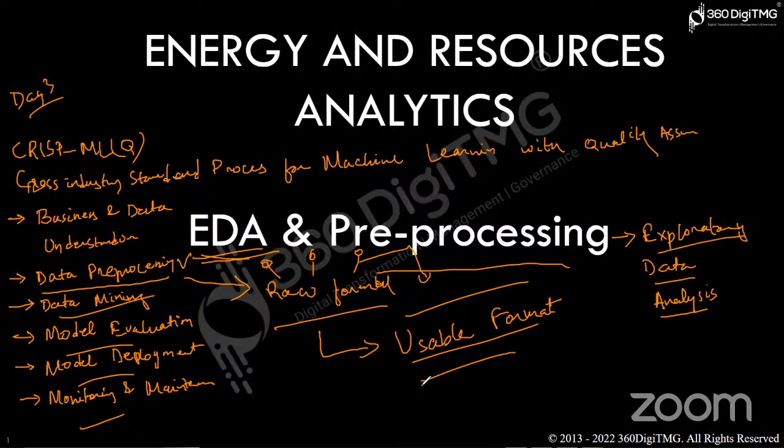So we have got this data. We'll see what the structure of this data is and what its data type is. Is this data usable for the upcoming data mining step or model evaluation step?